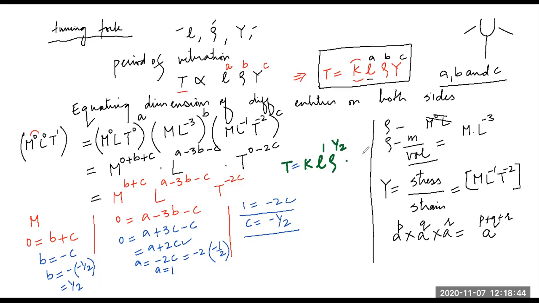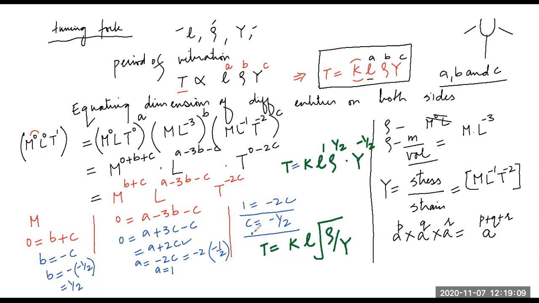And Young's modulus raised to power c, c is minus 1 by 2. So I can say T is equal to K L. What is 1 by 2 will get under root. What is minus 1 by 2 will also get under root, but it will go down.